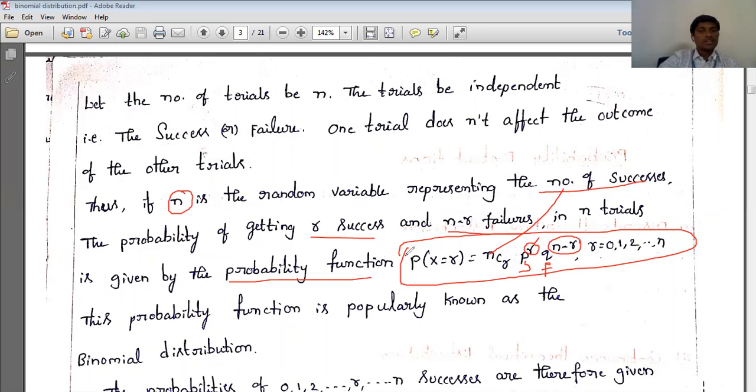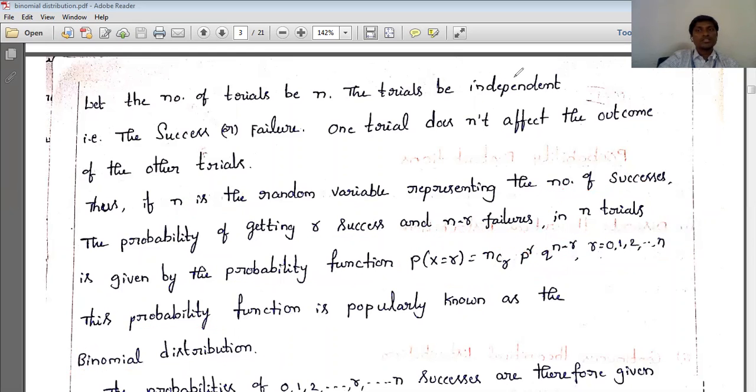This probability function is known as the binomial distribution. So this is Bernoullian trials, binomial distribution.